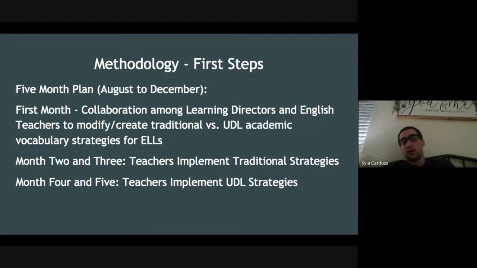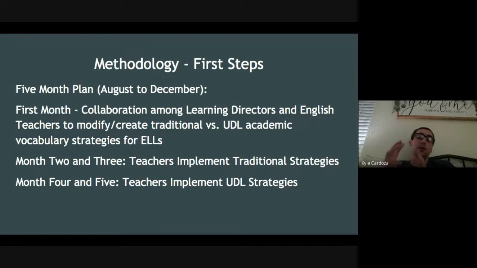And then in months 2 and 3, so the first month would be August, the second and third months I should say, September and October, the teachers are going to implement what are deemed the traditional strategies for academic vocabulary for English language learners. In this case, it would pretty much be for the entire classroom, since that would make it a little bit easier.